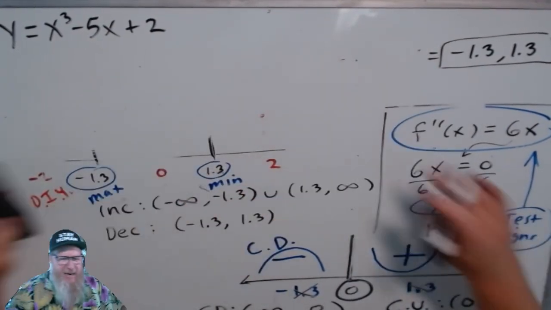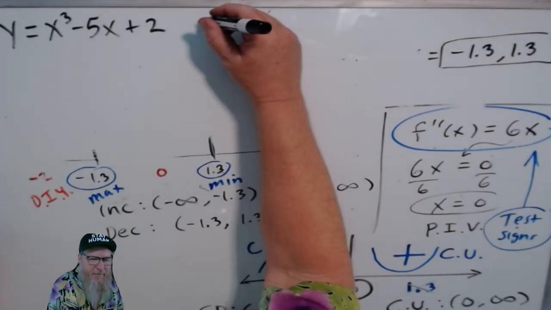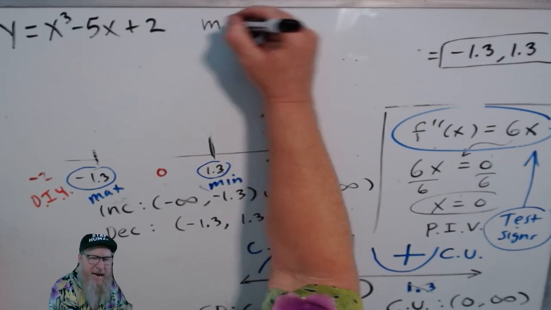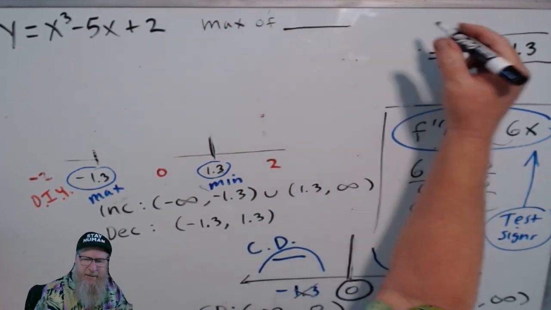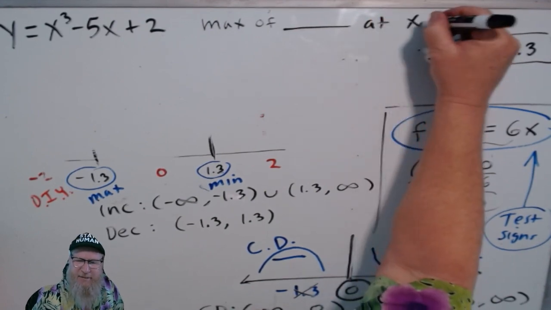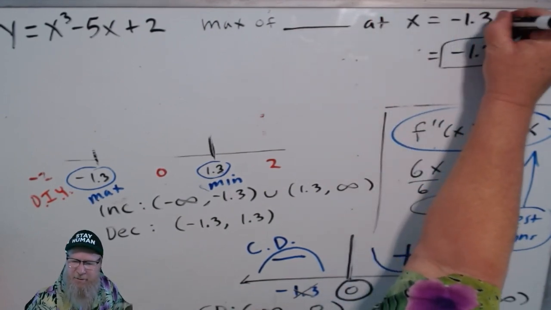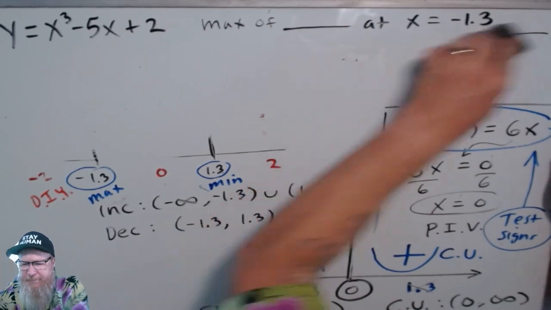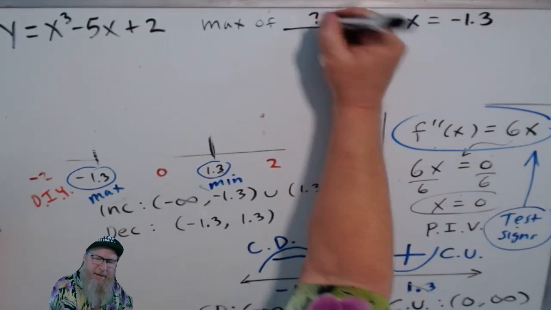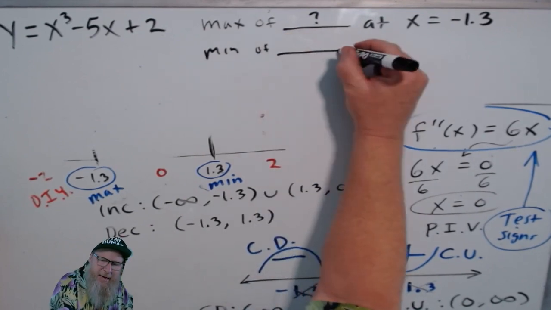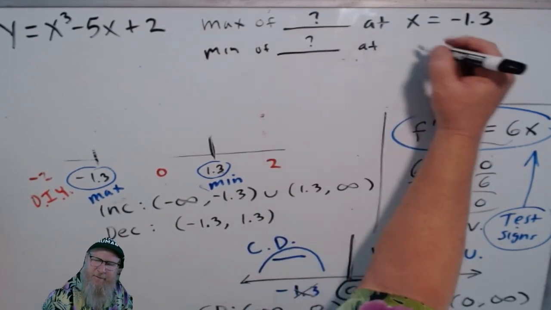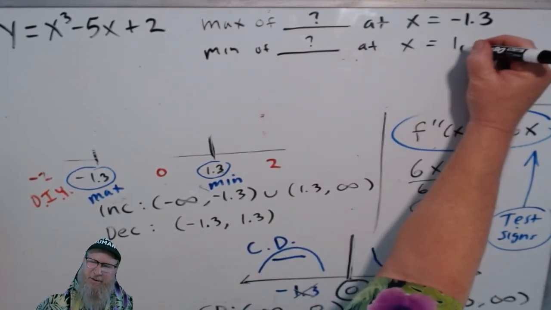So I've got a max of blank at negative 1.3. I'll figure that out later. I've got a min of blank, I'll figure that out later, at 1.3.